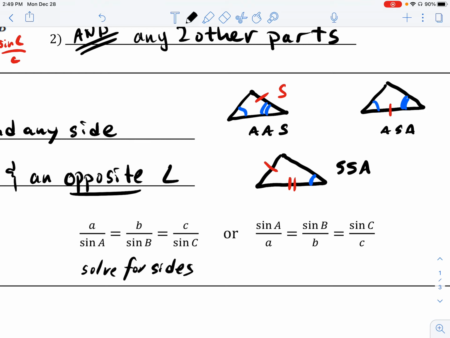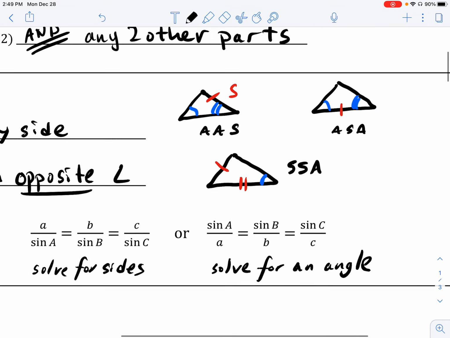Whenever we have the sine of our angles in the numerator, that means we're solving for angles. It would be just one extra step to get whatever we want in the numerator, so it's not a huge deal, but you can set this up from the get-go to solve for whatever you want.